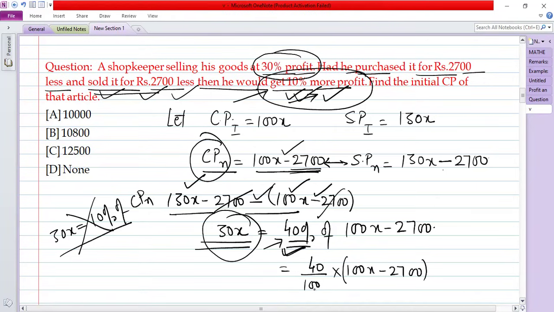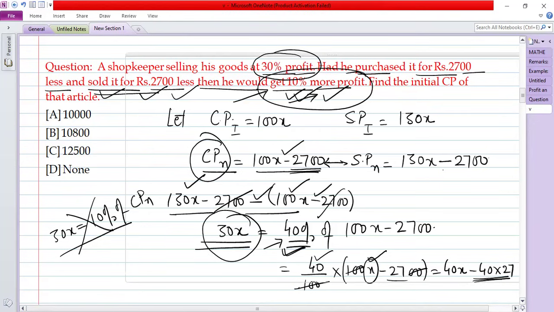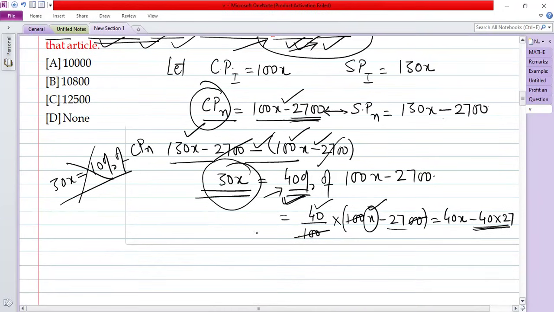Actually we may directly cancel out this 100 with this, so here it will be 1x. Even here this will cancel out, so it will be nothing but 40x minus 40 into 27. The 40 into 27, do not try to multiply these unnecessarily. Now this is 30x.